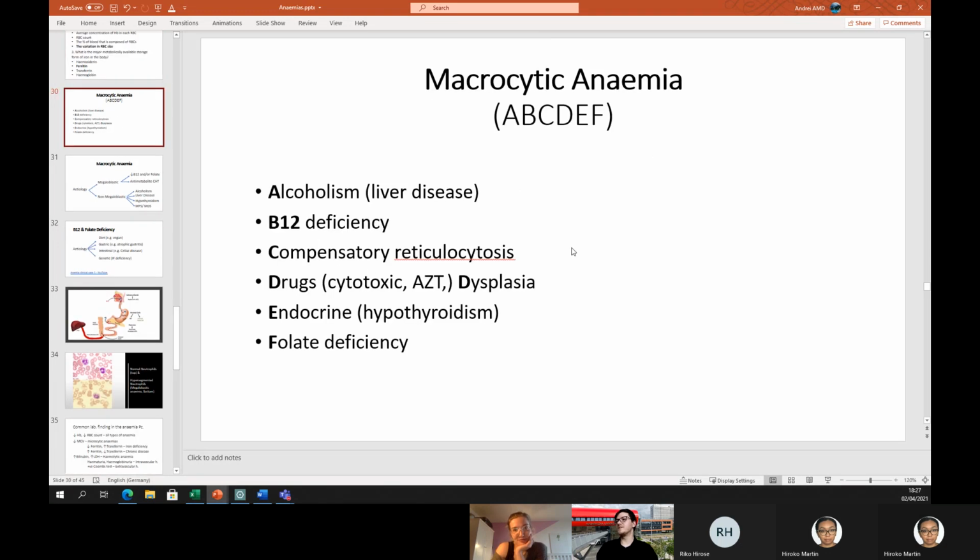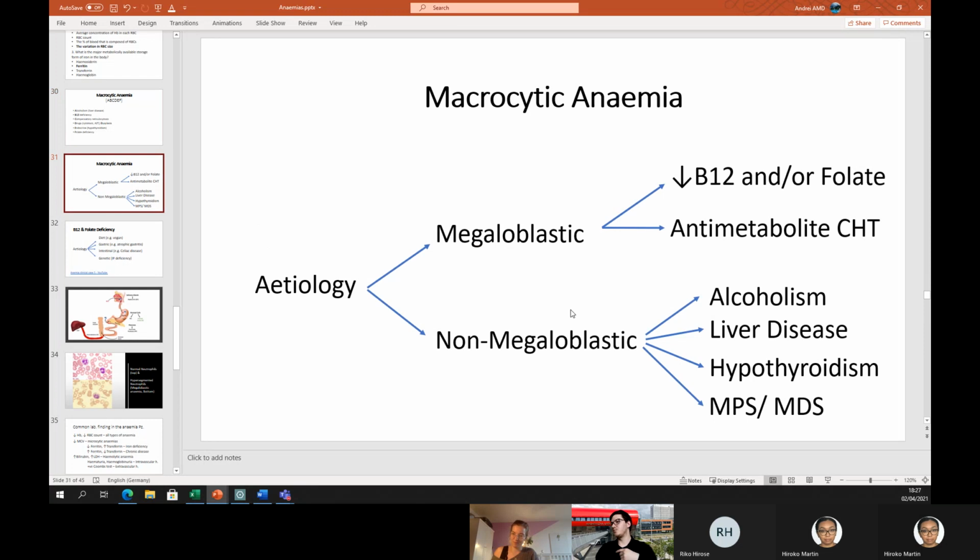The last one was macrocytic anemias, A, B, C, D, E, F. It's just a mnemonic. I personally did not use it because I find this slide more useful. We divide it into megaloblastic, which we talked about in the first slide, the big cells, and this is far more common than non-megaloblastic.